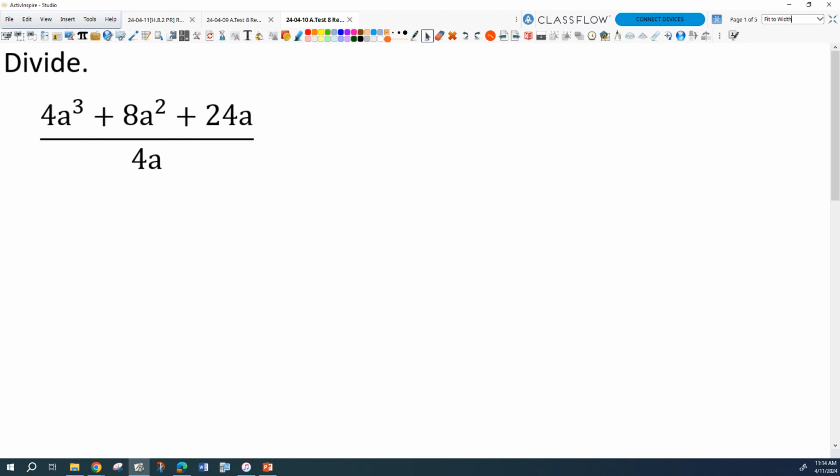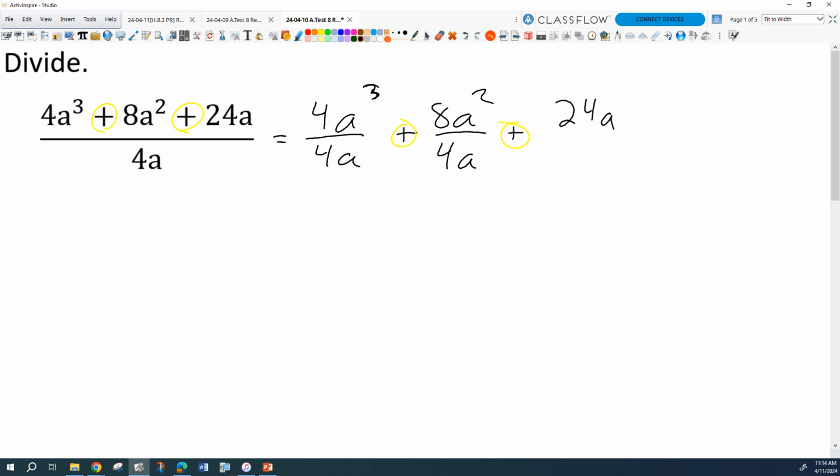Good. So each of these plus signs in the numerator is going to become the plus signs between the three separate fractions, right? So we end up with 4a cubed divided by 4a plus 8a squared over 4a plus 24a over 4a.